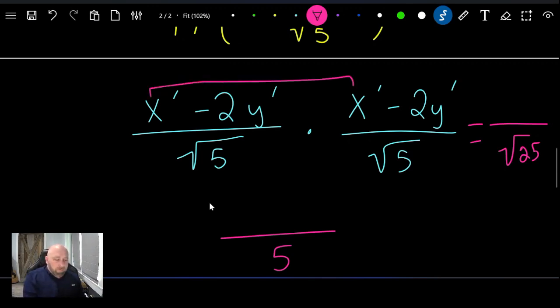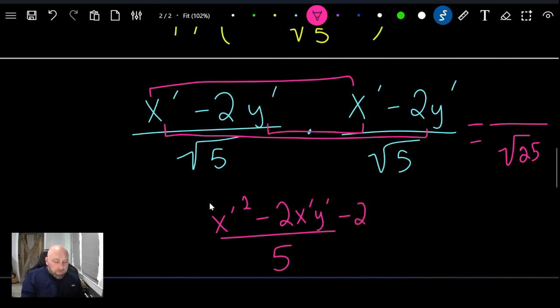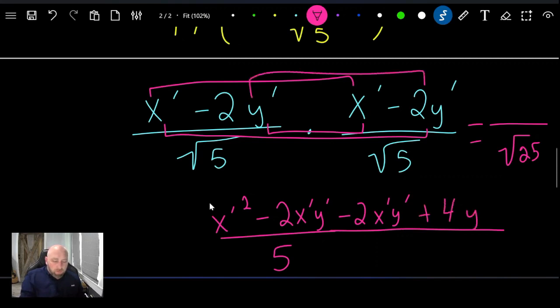So we're going to do firsts, and we're going to get x prime squared, and then we're going to do the outers, and we're going to get minus 2x prime y prime, and then we're going to do the inners, and we're going to get another negative 2x prime y prime. Then we're going to do the lasts. So then we're going to get our positive 4y prime squared, and that's all over 5.